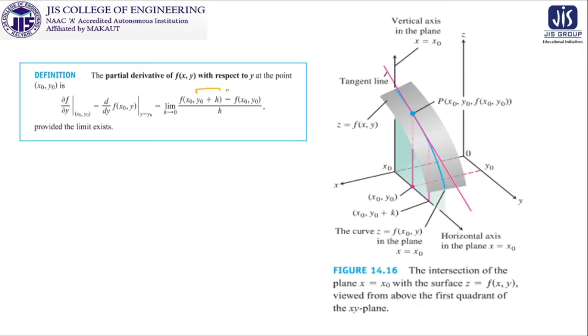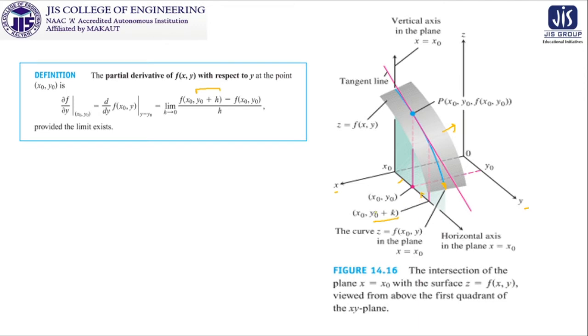Look at this, this is your x-axis, this is your y-axis. We are keeping x equal to x0 fixed. This is your x equal to x0 plane, and this blue line is the intersecting curve of this x equal to x0 plane with this surface, and we are taking the incremental change of y0. So it is y0 plus k, it may be y0 minus k, and when this k tends to 0, y0 plus k tends to y0.